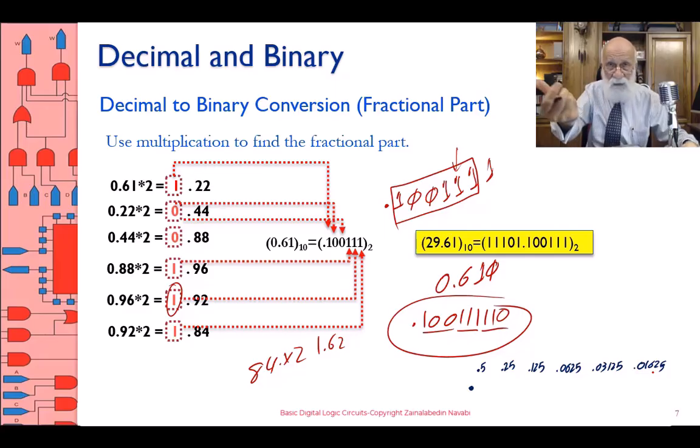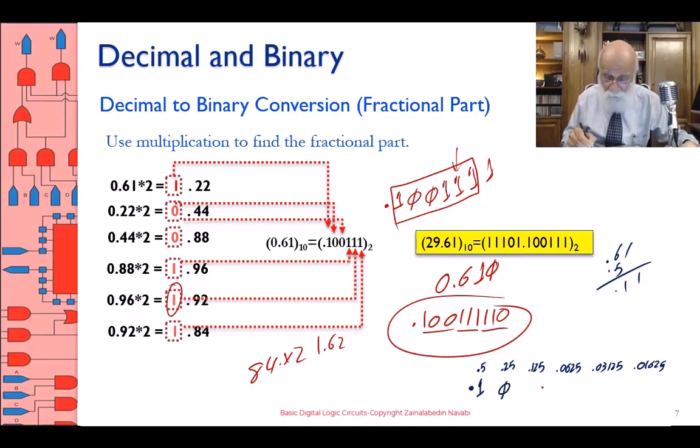Now you have 0.61. Take 0.61 and subtract whatever you can from it. Can you subtract 0.5 from it? Yes, I can. And with 0.5 subtracted from 0.61, what I end up with is 0.11. Can you take 0.25 from it? No, you cannot. Can you take 0.125 from it? No, you cannot. Can you take 0.0625 from it? Yes, you can.